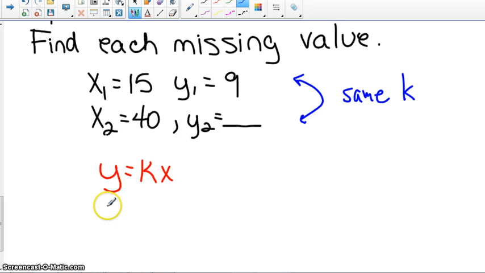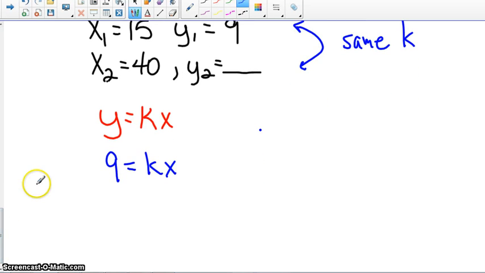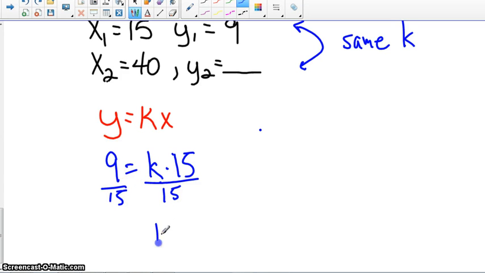So in the first one, I can say that 9 is equal to K times, excuse me, not X, 9 is equal to K times 15. And we divide both sides by 15. So K is going to equal 3/5.